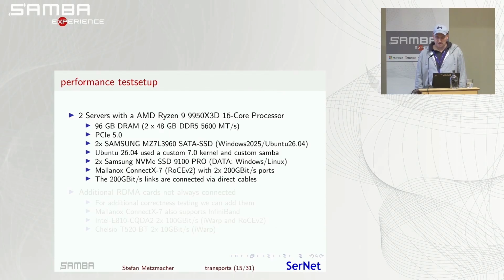Then we have Mellanox ConnectX-7 with RoCE v2 and two 200 gig ports, and they're connected just with direct cables.